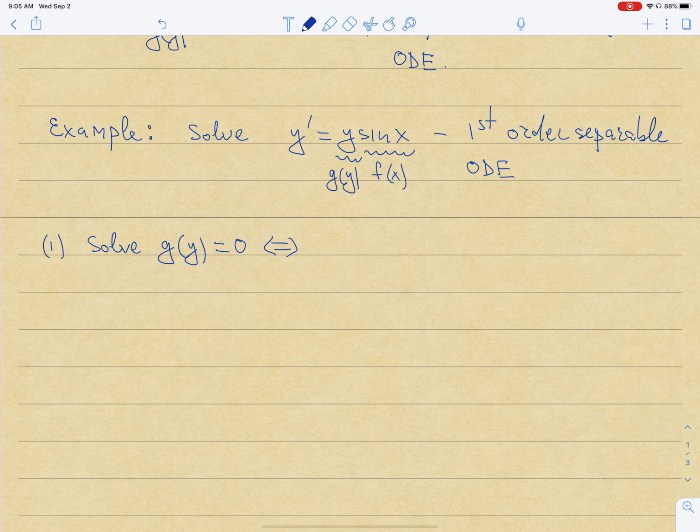In this case, it's the same thing as solving y equals 0. And so y equal to 0 is already solved. So this is the only equilibrium solution of the ODE. So I have my equilibrium solution.